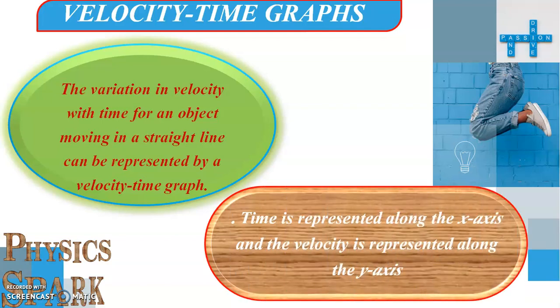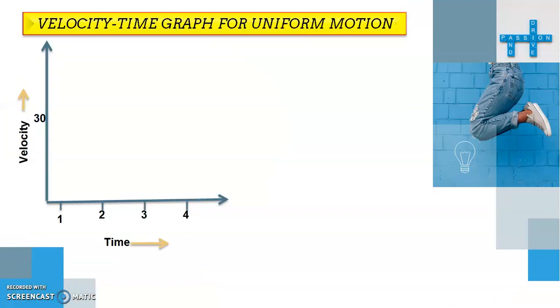Here the time is represented along the x-axis and the velocity is represented along the y-axis. So this is the velocity time graph for uniform motion.